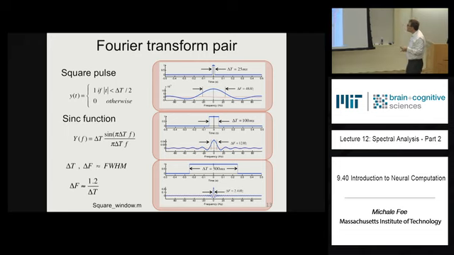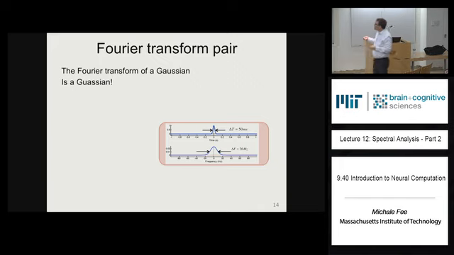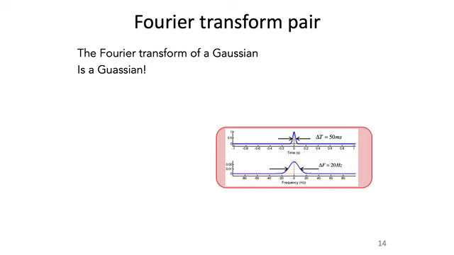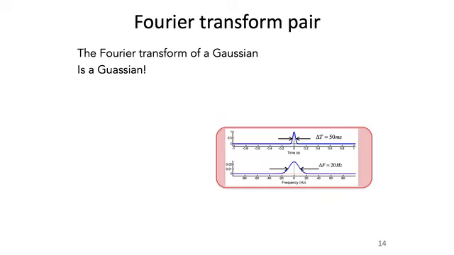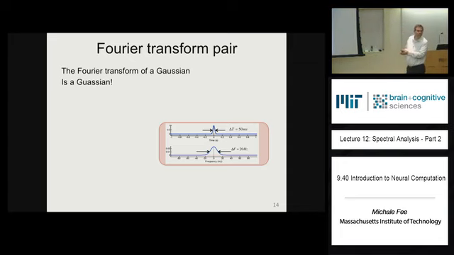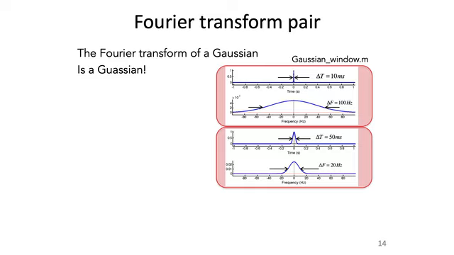Let's look at a different Fourier transform pair. It turns out that the Fourier transform of a Gaussian is just a Gaussian. Here this Gaussian pulse is 50 milliseconds long. The Fourier transform of that is a Gaussian pulse that's 20 hertz wide. If I make that Gaussian pulse in time narrower, then the Gaussian in frequency gets wider.